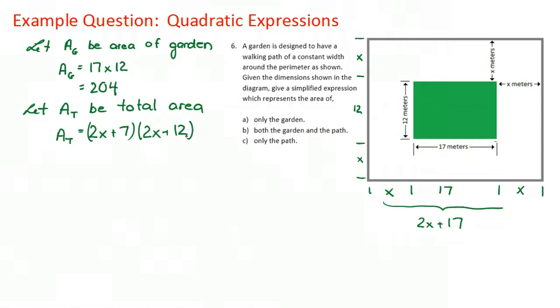Now the temptation here might be to expand this, but if I was doing this at this point, I would say there's no actual reason for me to expand this right now. The question doesn't ask you to, so we'll just leave it like that. So now we want only the path. So we're going to let A sub P be the area of the path.